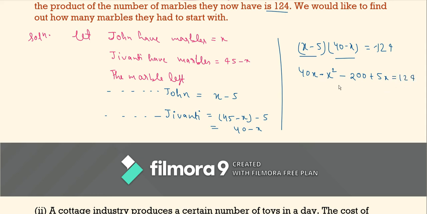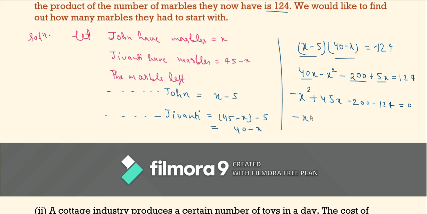Now solve this equation and you will get the required quadratic equation. So let's write it as x square, thereafter 40x and 5x can be added, so it becomes 45x, then minus 200, and bring this 124 to the left hand side, so it becomes minus 124.